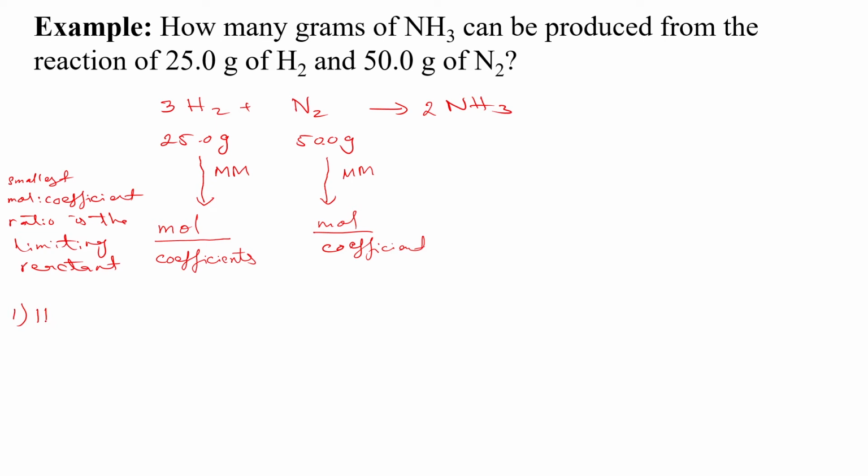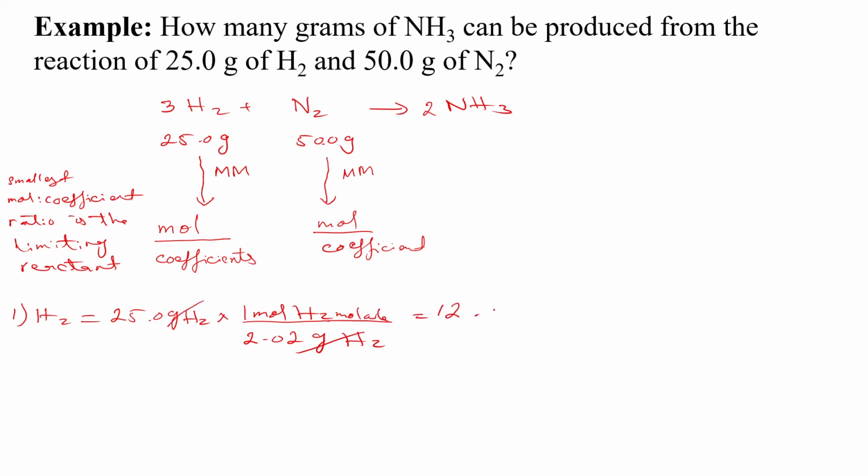So let's find it for hydrogen first. We have 25.0 grams of hydrogen given. We have to convert it to moles. 1 mole of hydrogen molecule is 2.02 grams of hydrogen molecule.